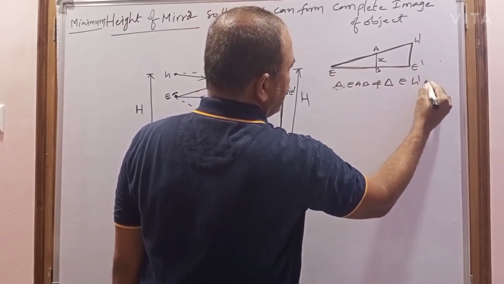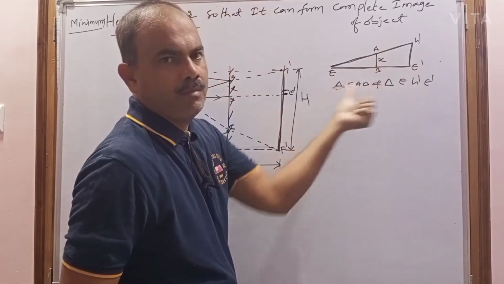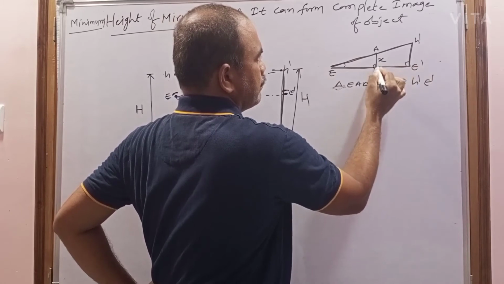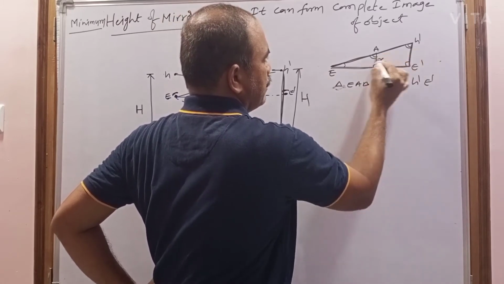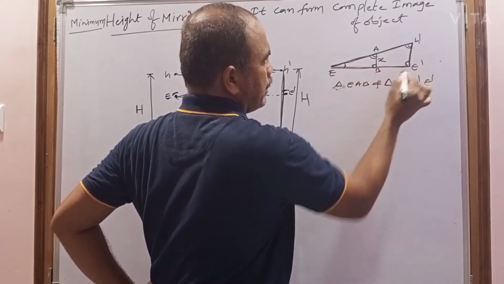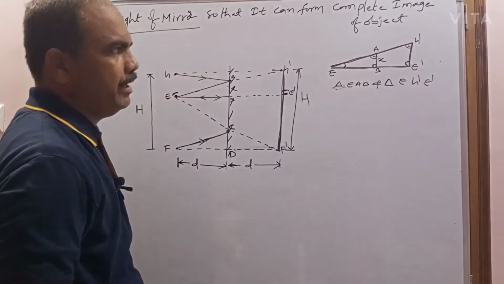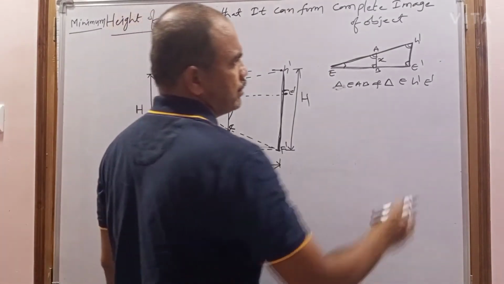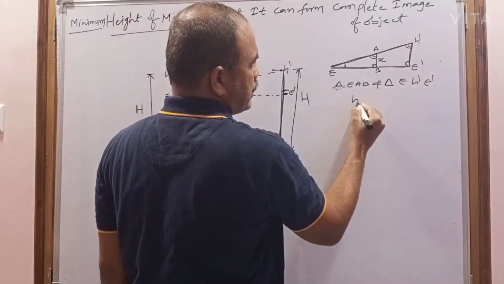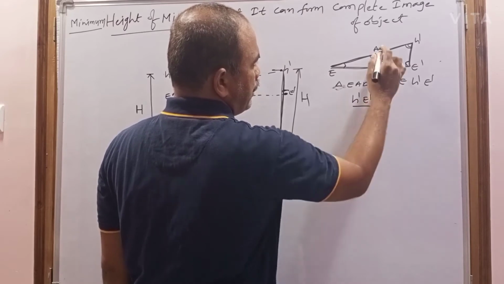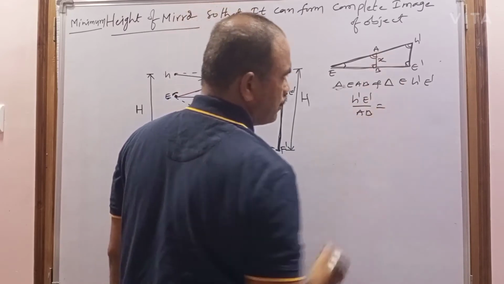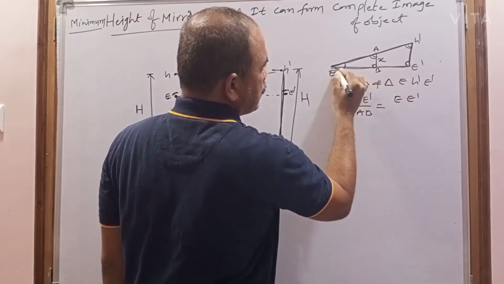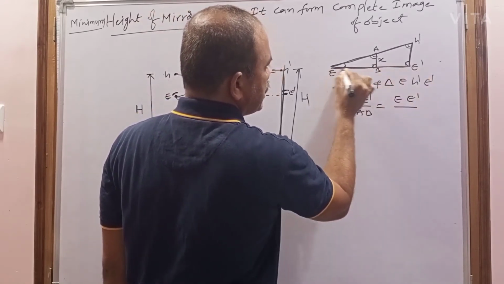Because both are similar triangles, your angles will be the same, this angle and this angle, and these are the right angles. When there are similar triangles, their corresponding sides' ratios are also the same. So that's why I am writing here H dash E dash by AB is equal to E dash by this distance EB.